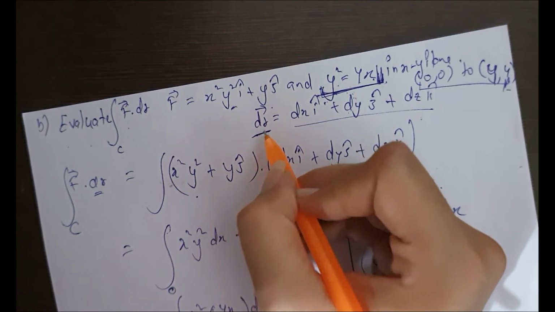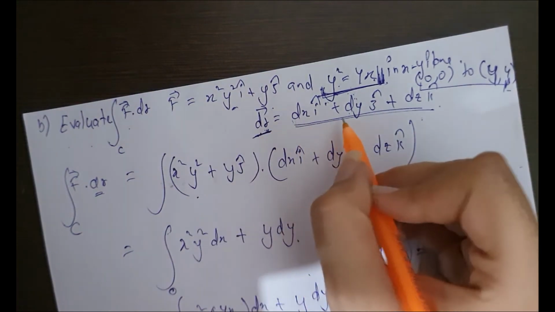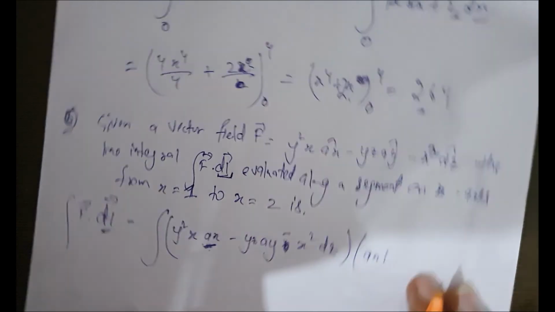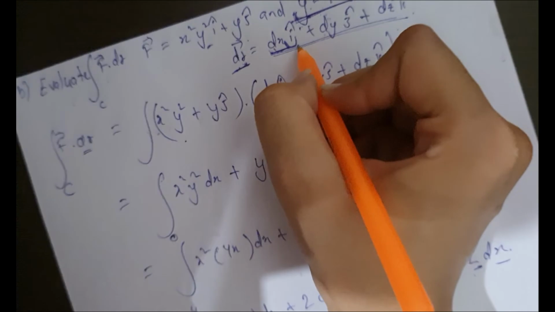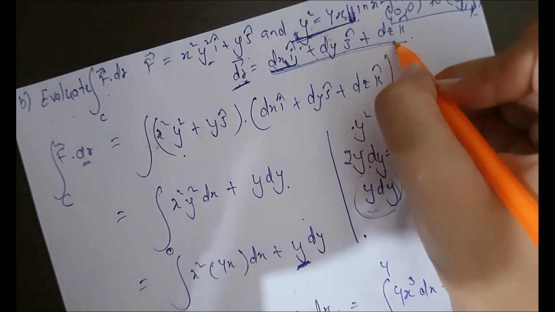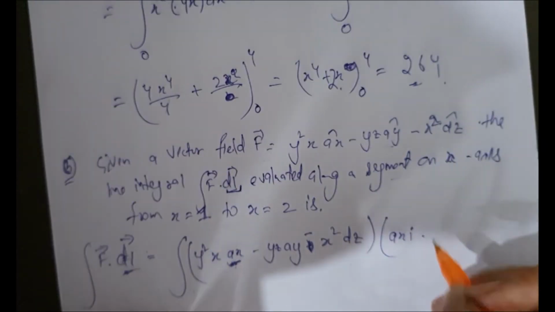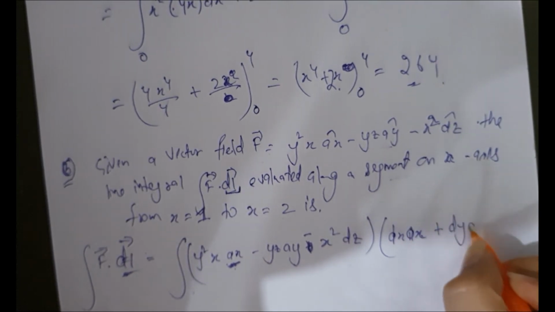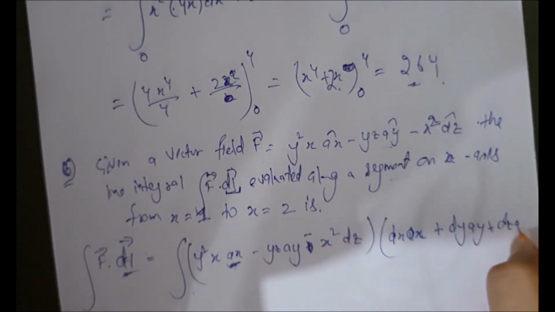Here they have denoted r with L, so it doesn't matter. In this case they have denoted i with ax, so this will be dx ax plus dy ay plus dz az.